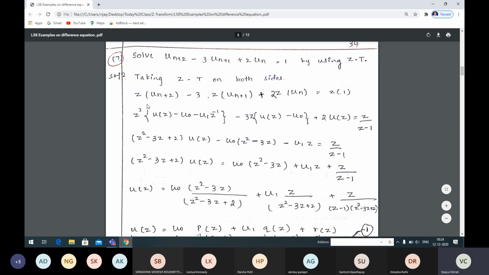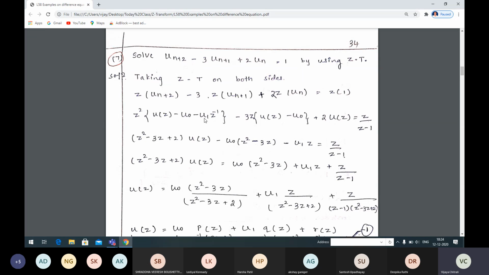We know what is z transform of u suffix n plus 2: it is z square u of z minus u naught minus u1 divided by z, or we can write this as u1 z raised to minus 1, minus 3 into z u of z minus u naught, plus 2 z transform of u n, which is u of z by definition. This is equal to z transform of 1, which is z divided by z minus 1.